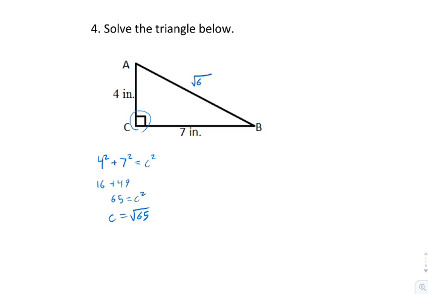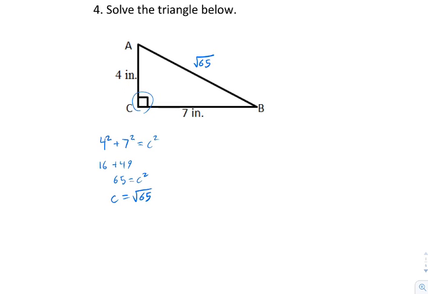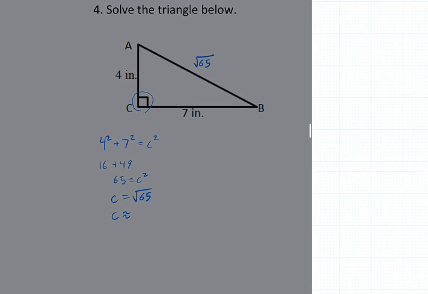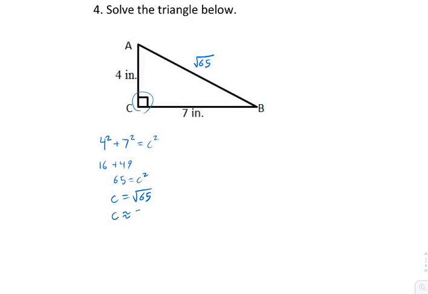Square root of 65. I will also approximate that for those of you that like working with decimals. So square root of 65, that's 8.06. Now notice, though I'm abbreviating it right now to 8.06, if I use that value in the rest of my problem, I will use the longer decimal or the exact square root of 65.